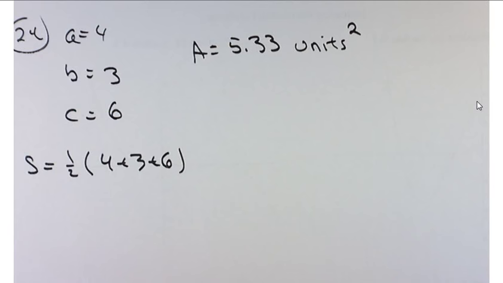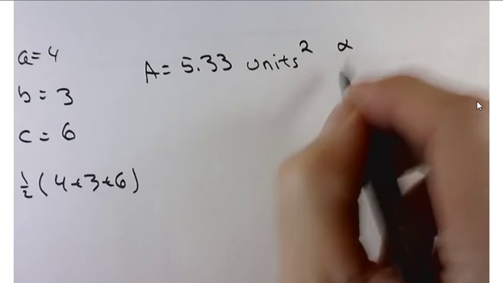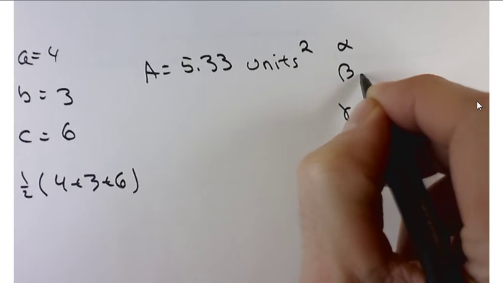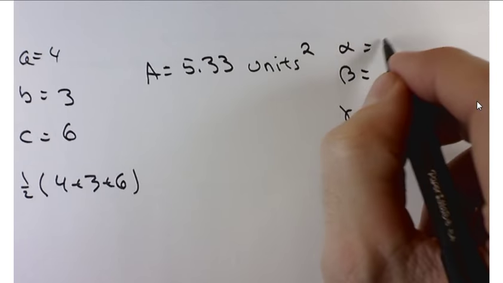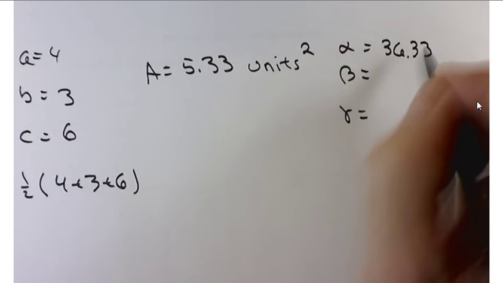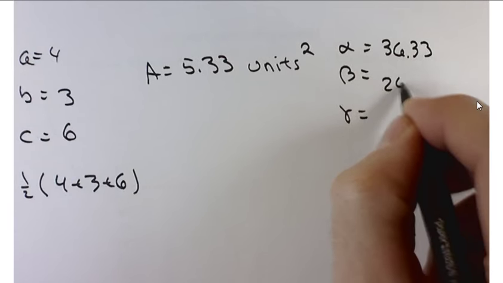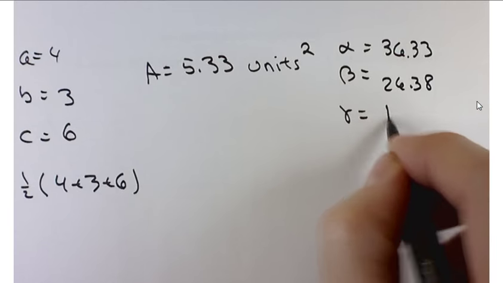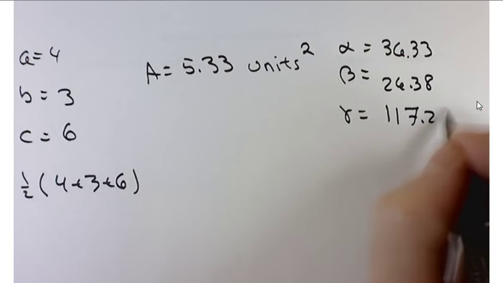Now, this one in particular, again, this is a problem we've already visited. So I think this was problem number 30 from section 4.3. Let's take advantage of the fact that we know that alpha, beta, and gamma from that section were 36.33, 26.38, and 117.28.